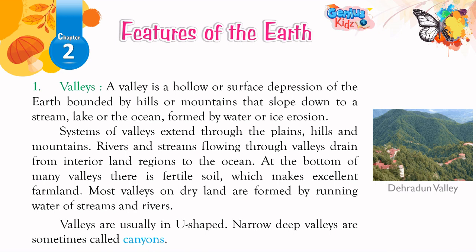At the bottom of many valleys there is fertile soil, which makes excellent farmland. Most valleys on dry land are formed by running water of streams and rivers. Valleys are usually U-shaped. Narrow deep valleys are sometimes called canyons.